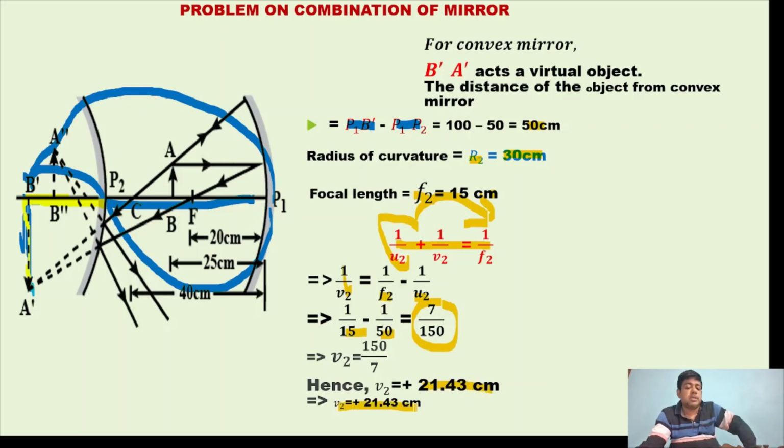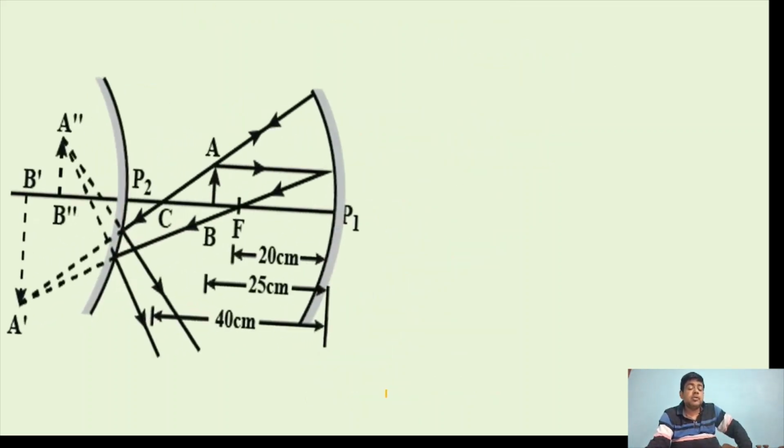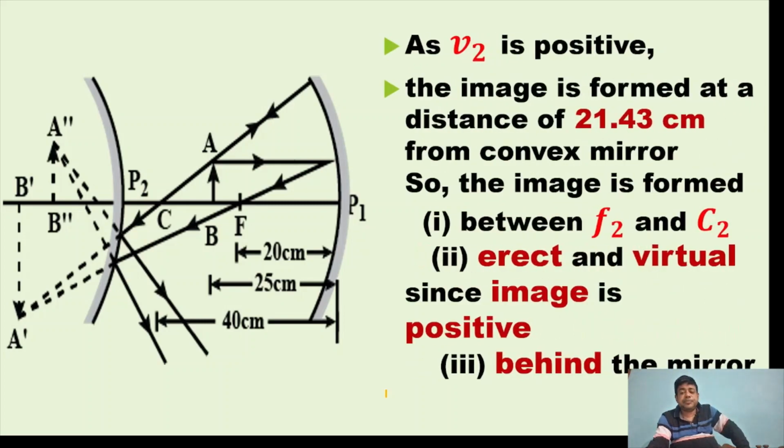This is the final image, found at a distance of 21.43 centimeter from the convex mirror. Look here. Since the V2 value is positive, the image is found at a distance of 21.43 centimeter from the convex mirror, between the focal point and the center of curvature C2 of the convex mirror, and it is erect and virtual.